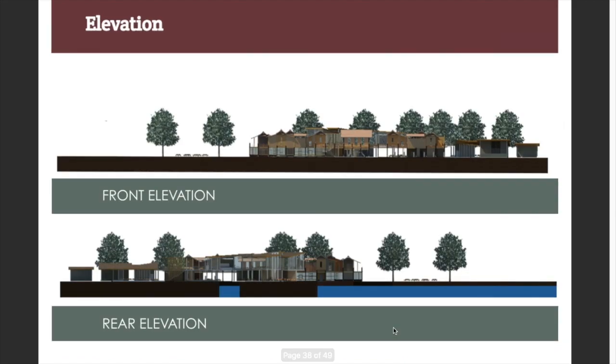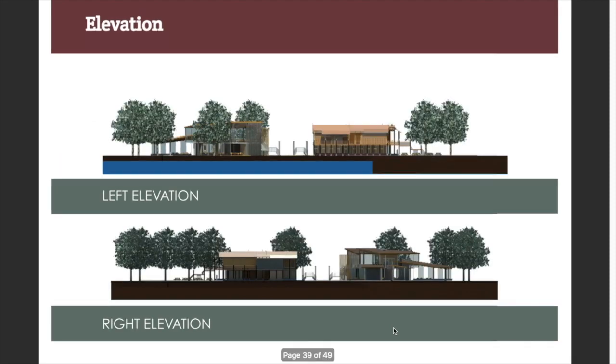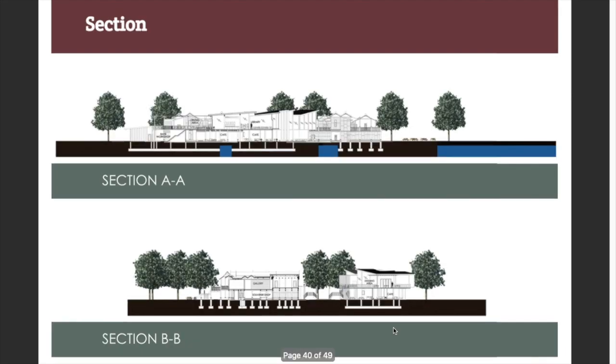This will be the elevations: the front elevation, the rear elevation, the left elevation, the right elevation. The section shows the proportion of the human in the building.